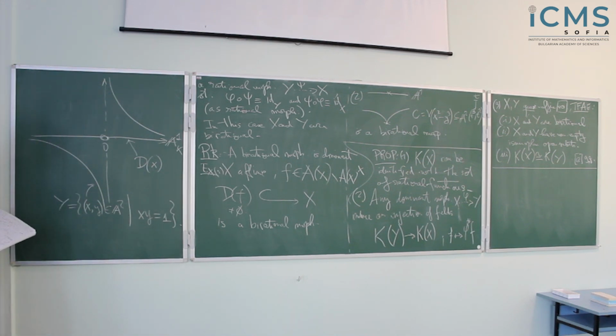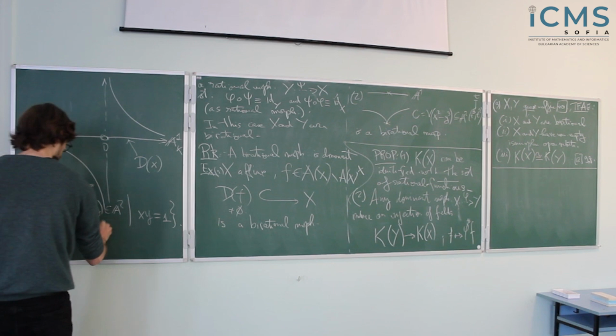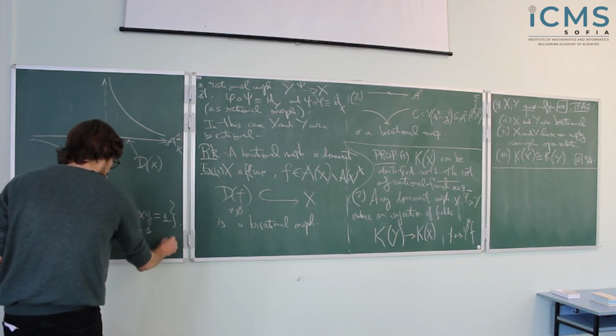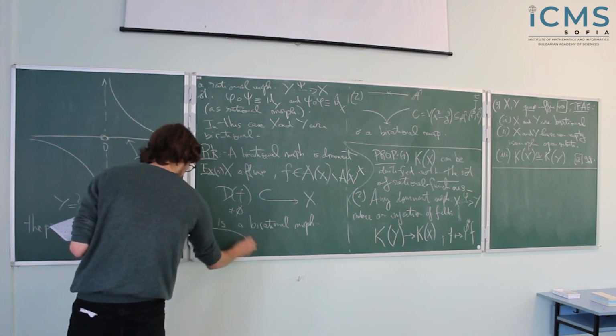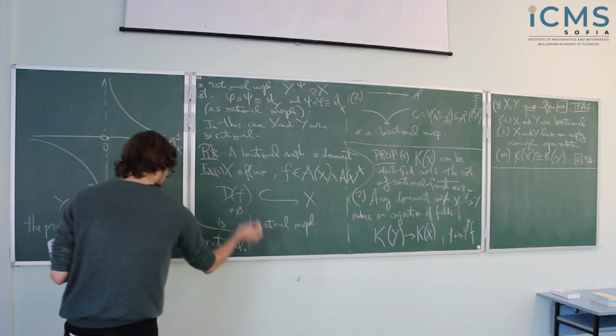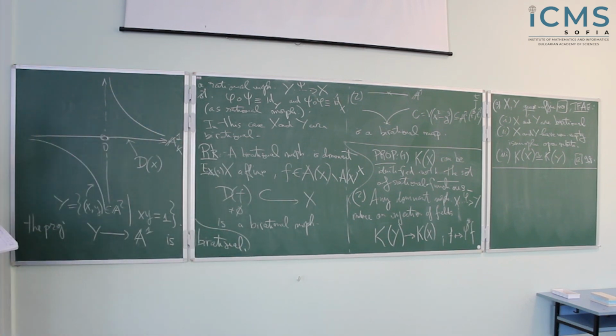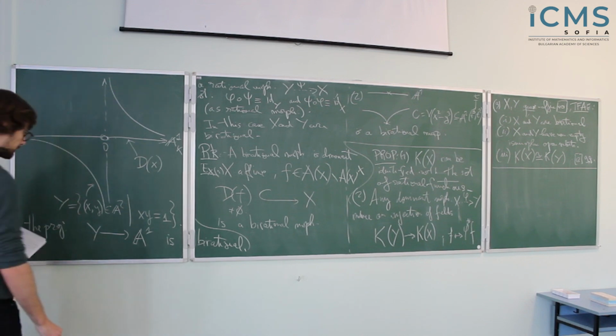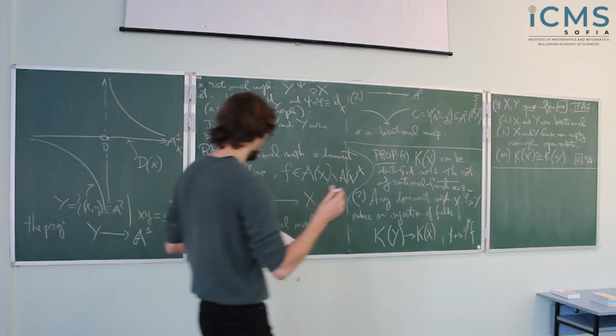And we know that we can project it, and the projection to A1 is birational. Like that. Of course, we don't get the whole picture of A1. That's always the point that is missing.